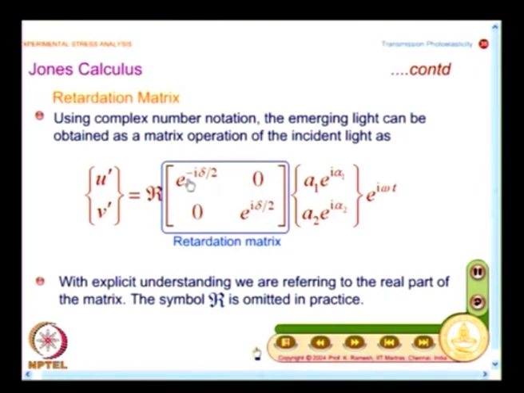And why do I have e power minus i delta by 2 here? Because I understand that this is the slow axis and this is the fast axis. So, because I write my retardation matrix with the first element as e power minus i delta by 2, I should always represent theta as referring to the slow axis with respect to the horizontal.